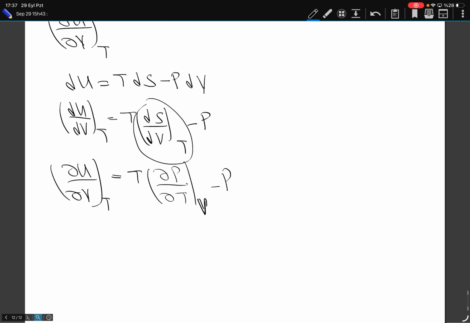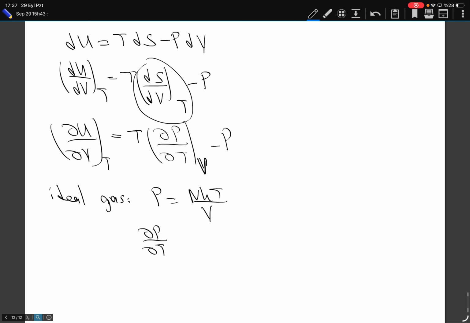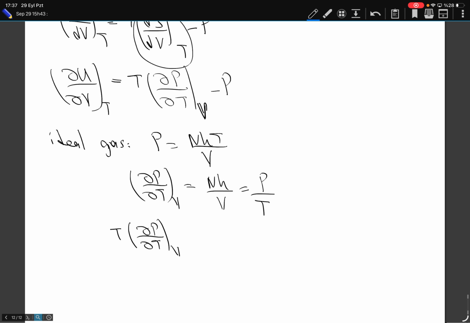For the ideal gas, P is equal to NKT over V. In particular, dP by dT at constant volume is NK over V or P over T. But that tells me that T times dP over dT at constant V is equal to P, or T times dP/dT minus P is equal to 0.